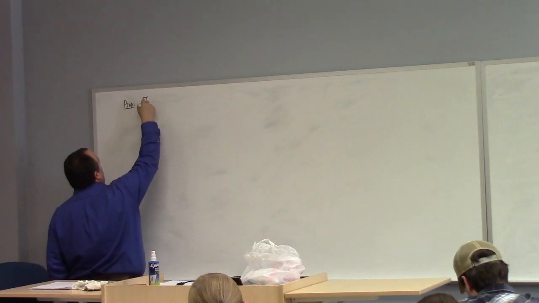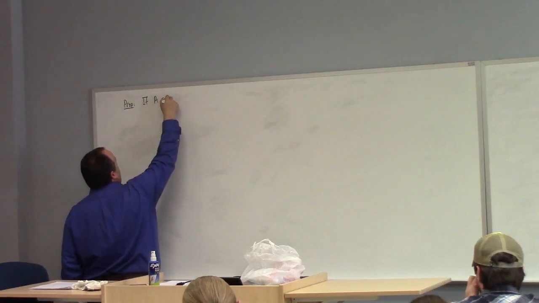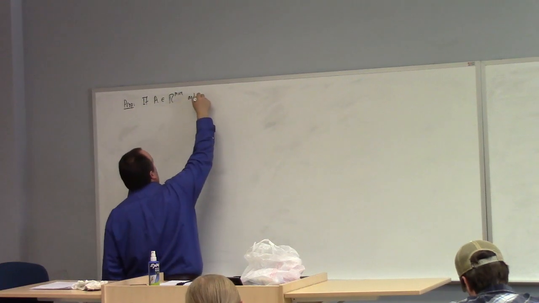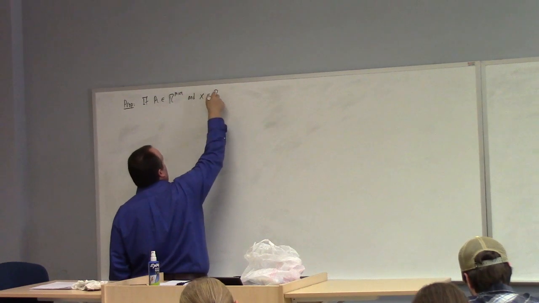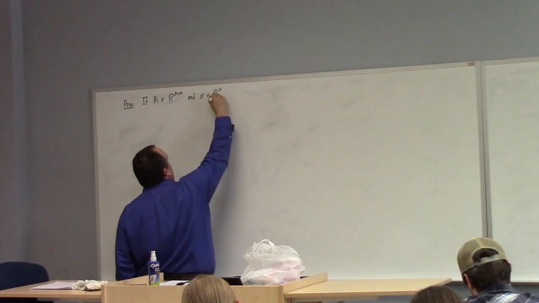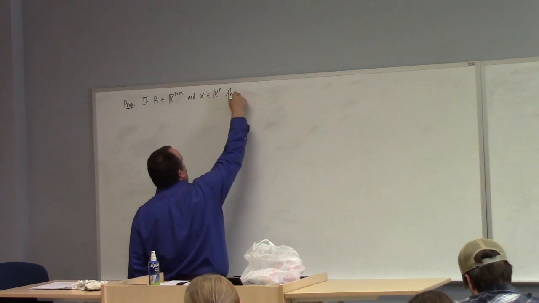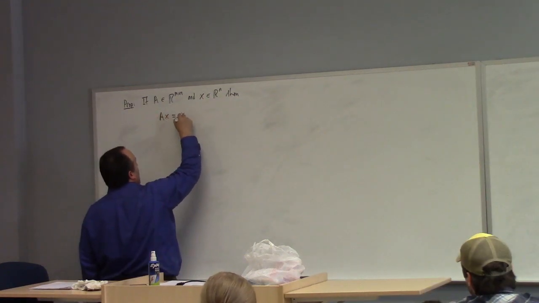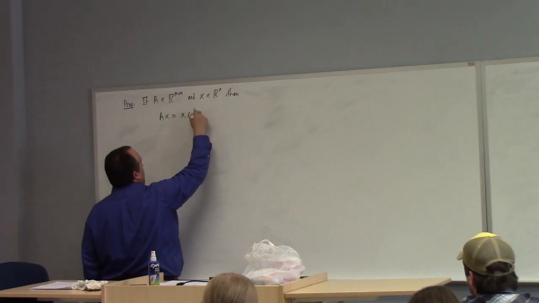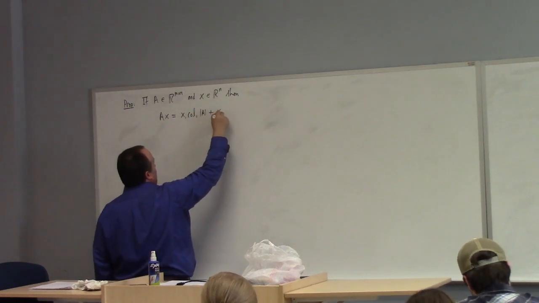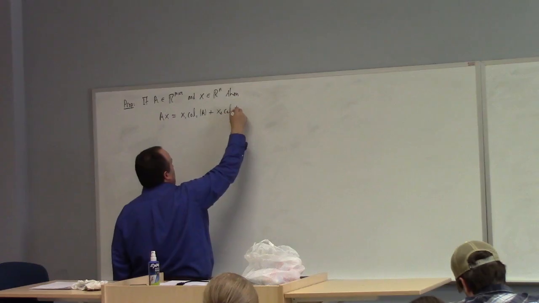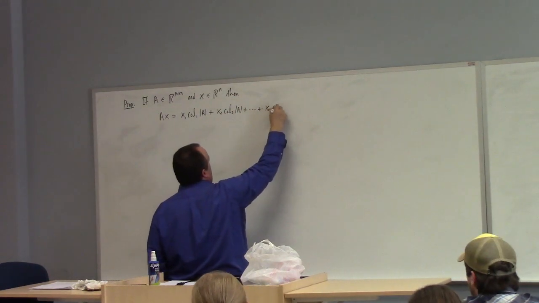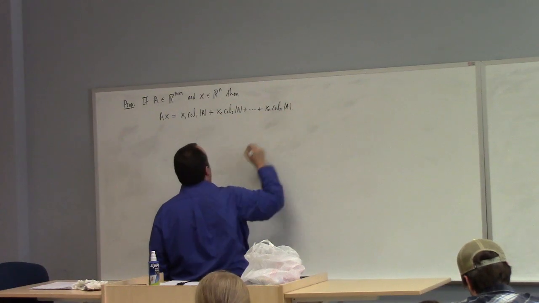If A is an m by n matrix, and x is an R^n vector, then Ax is actually equal to x1 times column 1 of A plus x2 times column 2 of A plus and so on, plus xn times column n of A, right?